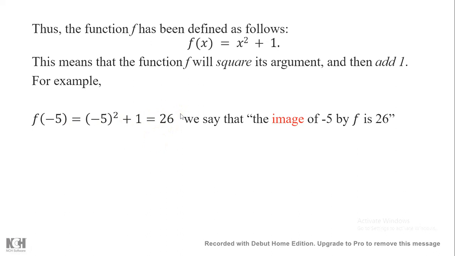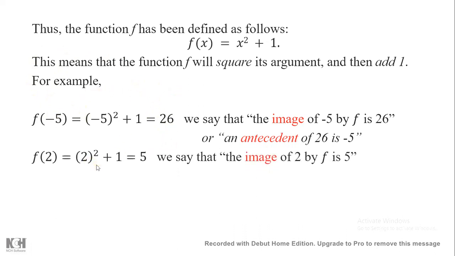We call it usually in mathematics the image of minus 5 by f. And we say that an antecedent of 26, or a pre-image of 26, is minus 5. F of 2 equals 2 squared plus 1 according to this function, which is 5.